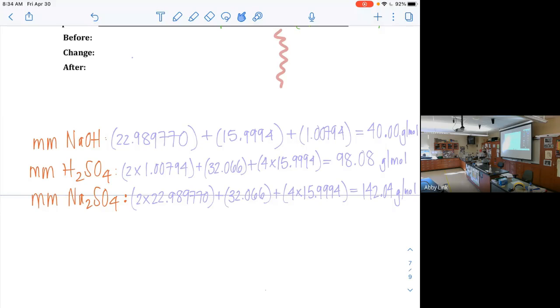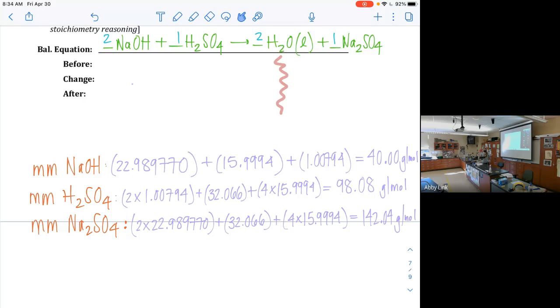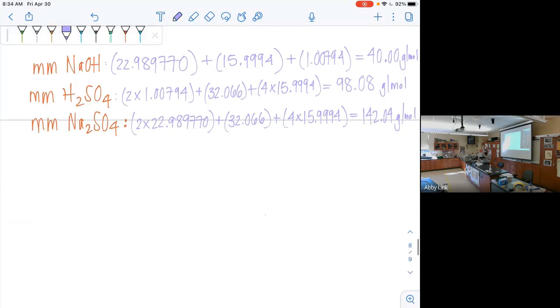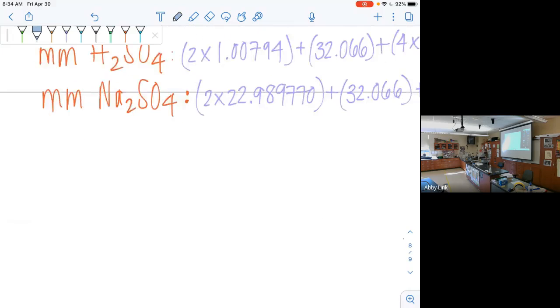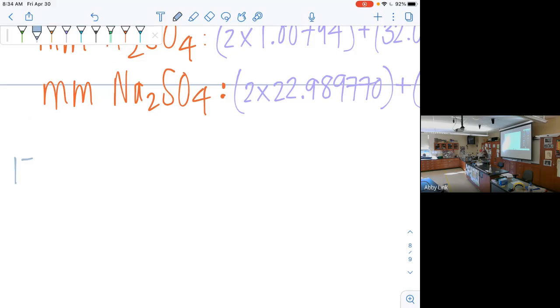Again, I like to get those out of the way first because then I am basically just converting, okay? So let's convert. We have 15.5 grams of sodium hydroxide. So let's put that into moles. So 15.5 grams of NaOH over 1.